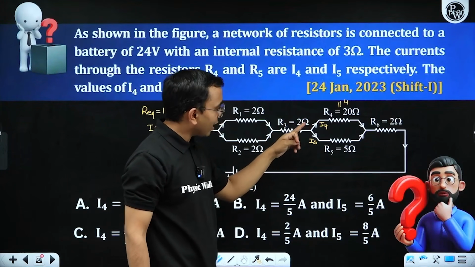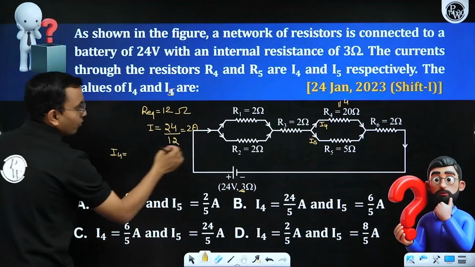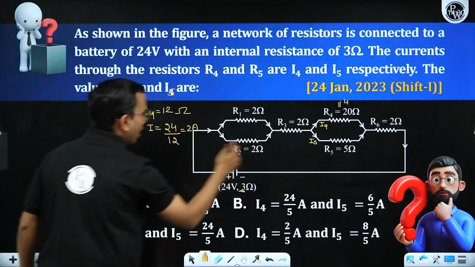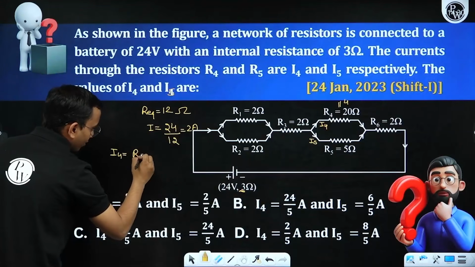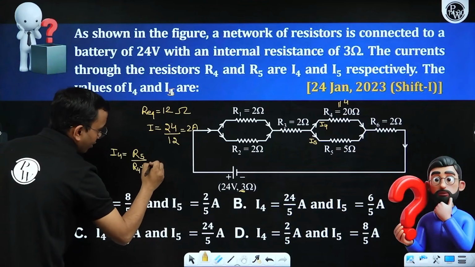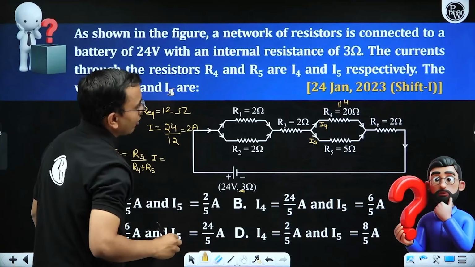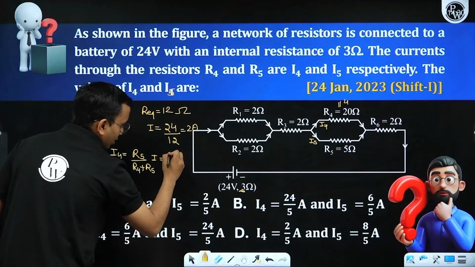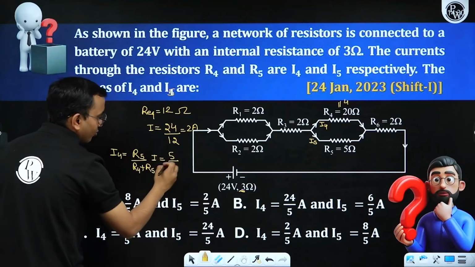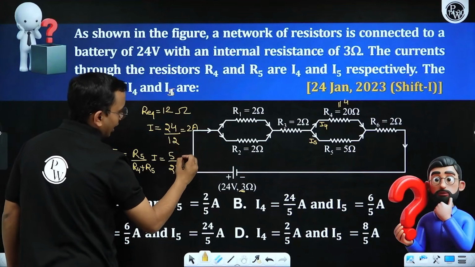So I4 will be R5 divided by R4 plus R5 into the current I. R5 is 5, divided by 5 plus 20, 25, into the current I, which is 2.